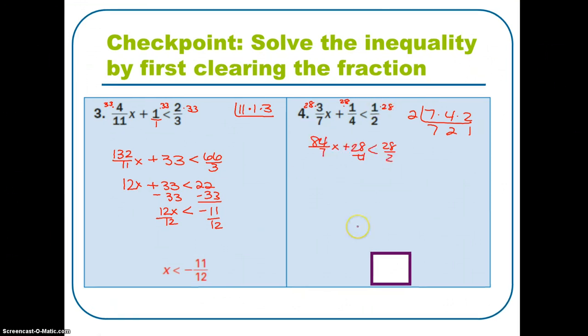You end up with 84/7 x, which is 12x, plus 28 over 4, which is 7, and 28 over 2, which simplifies to 14. Clear, this is just like a two-step, don't even worry about the inequality. Divide, and you have x is less than 7/12.